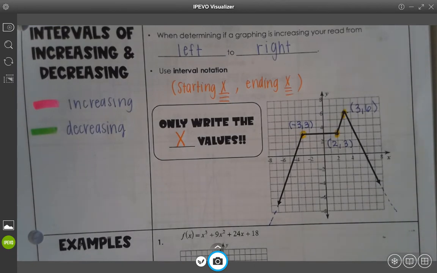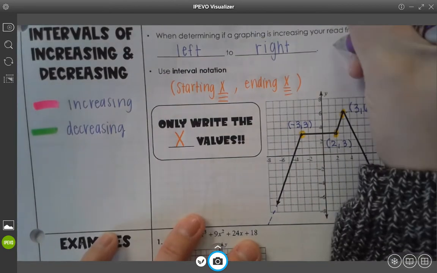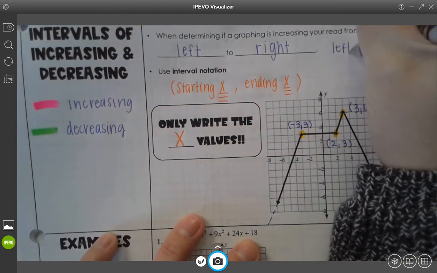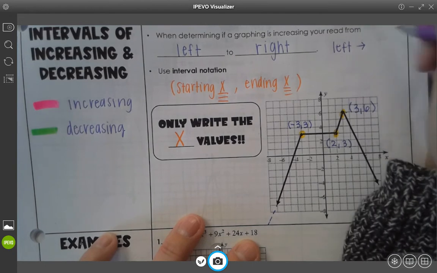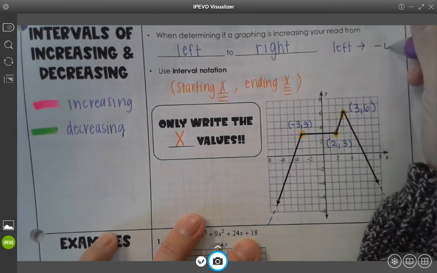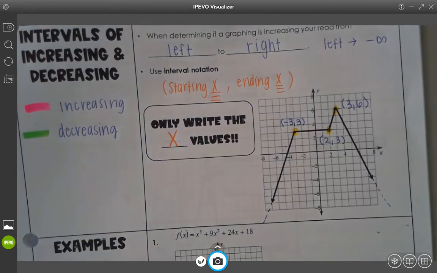Now, sometimes you won't have a starting point because you'll start at an arrow. So if you have a left arrow, we're going to write negative infinity because we don't actually know what that number would be because it's not an actual point.